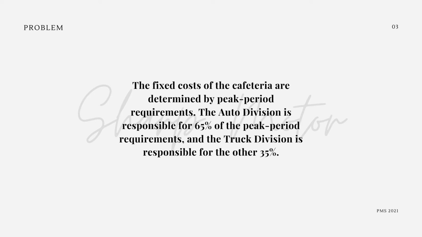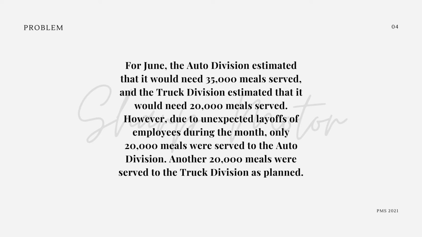The auto division is responsible for 65% of the peak period requirements and the truck division is responsible for the other 35%. For June, the auto division estimated that it would need 35,000 meals served and the truck division estimated that it would need 20,000 meals served.